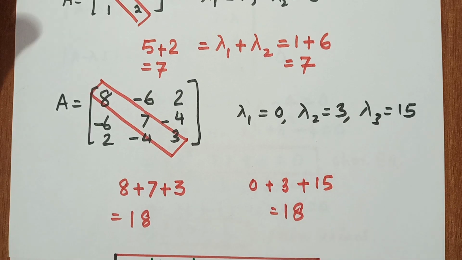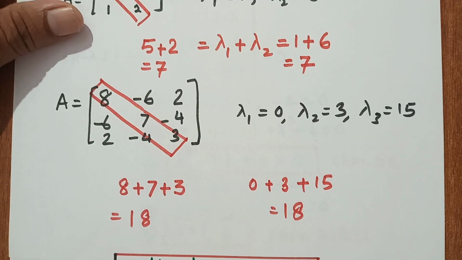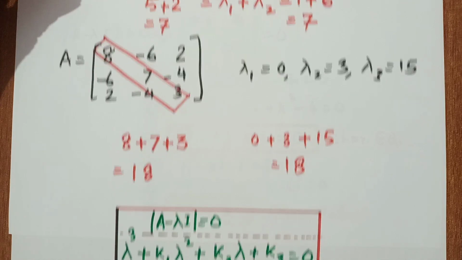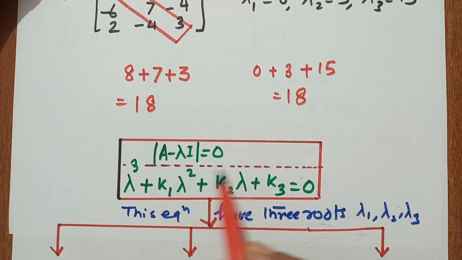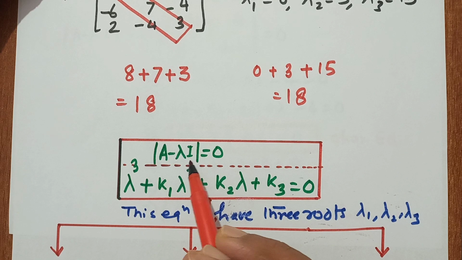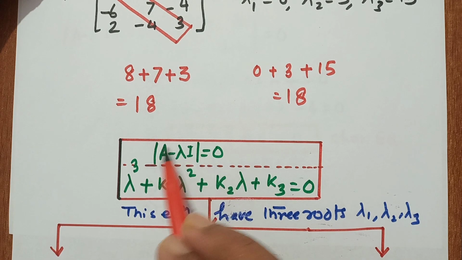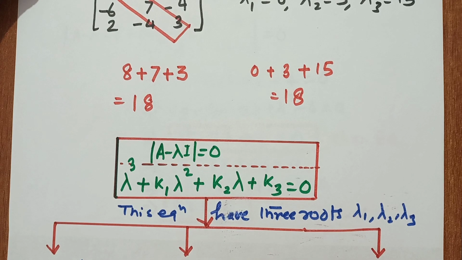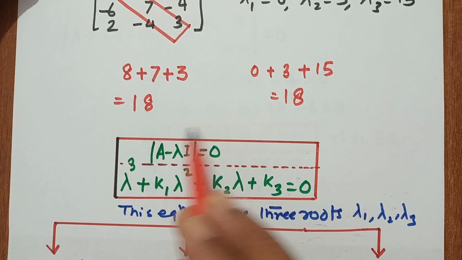Now I am going to explain that if you solve any matrix, suppose a matrix of order 3, we take this type of matrix. A minus lambda I equal to 0 is called the characteristic equation. When you solve any matrix, we get this type of equation.